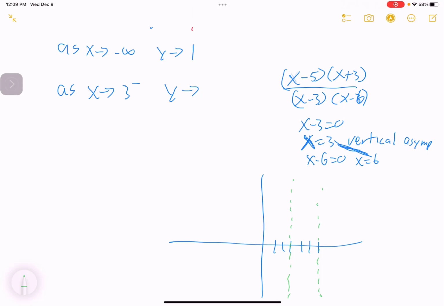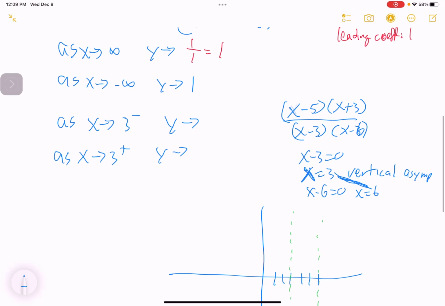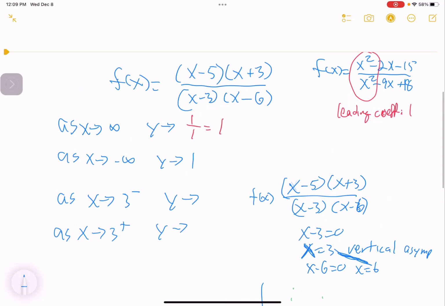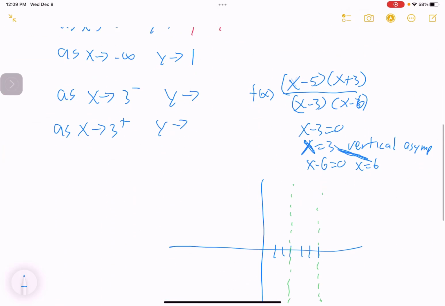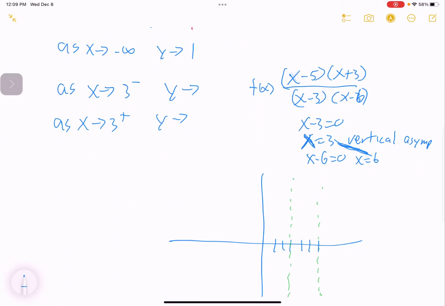And then the next question is, as x approaches 3 from the right side, y does what? Let's look at our overall function to see what the graph could yield. And the last parts: as it approaches 6 and negative 6. Notice they're asking what the behavior is around these asymptotes.